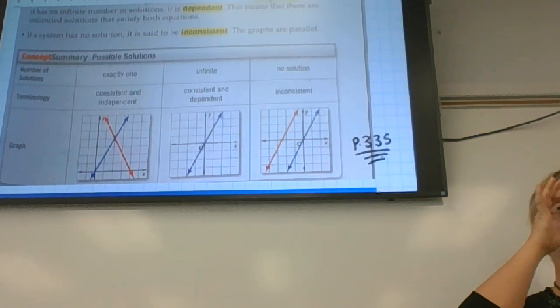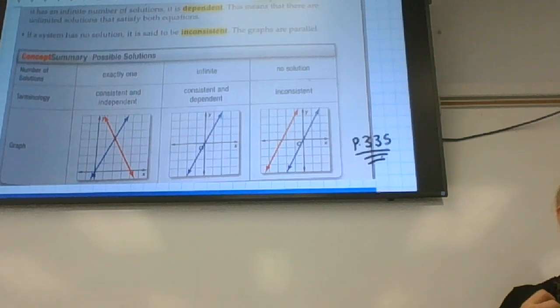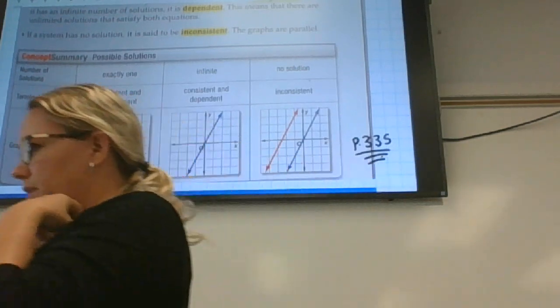write down your assignment. It's in the textbook. Graph those ones in the book.